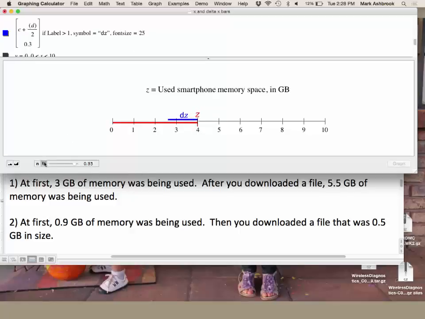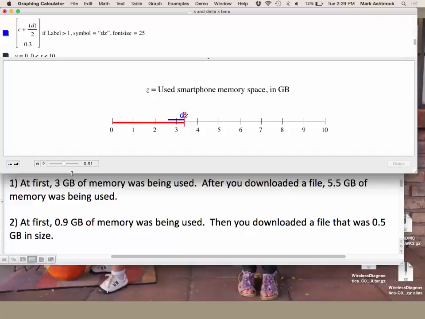Before we start downloading, this actually makes more sense, doesn't it? Before we start downloading, what is the change in Z right now? There's no change, right? And then when we're half done, how much is DZ now? 0.75, right?